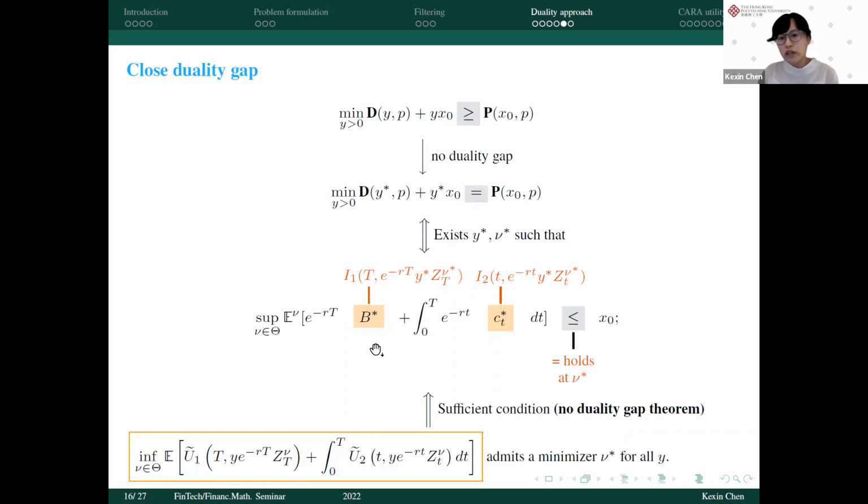If we take a closer look at this condition, it is required that b star and c star, which are defined via y star and nu star, satisfy the budget constraint inequality, and in addition, the equality holds at nu star. And a further theorem states that the existence of such a pair is guaranteed if we can show that the dual problem admits a minimizer nu star for all y.